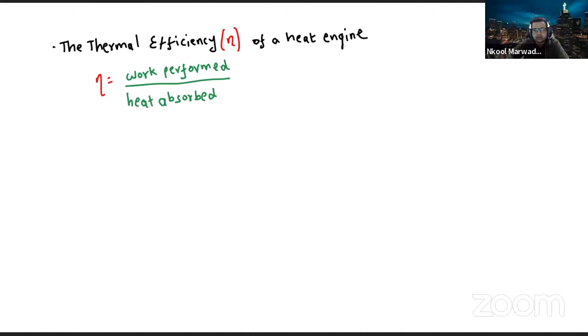I can write it as capital W upon QH. So QH is the heat absorbed, capital W is the work performed by the heat engine. And thermodynamically, I can go one step ahead and write it like this: it is 1 minus QC by QH.